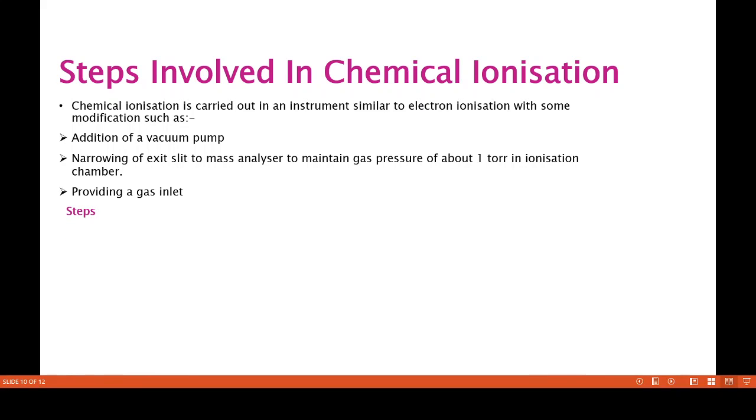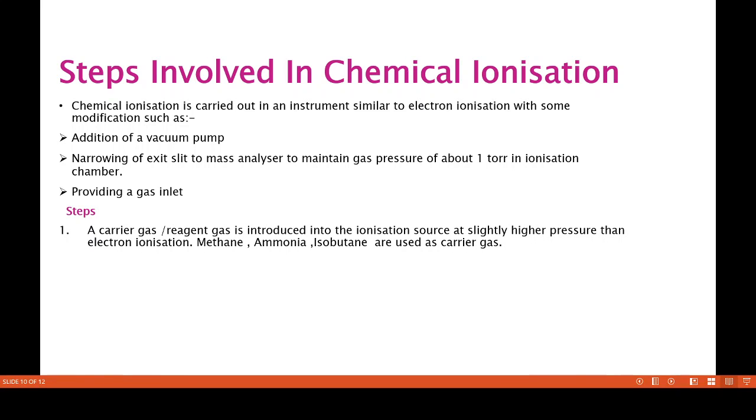So we see the steps involved in chemical ionization. These are very important. In the first step, a carrier gas or reagent gas is introduced into the ionization source at slightly higher pressure than in electron ionization.